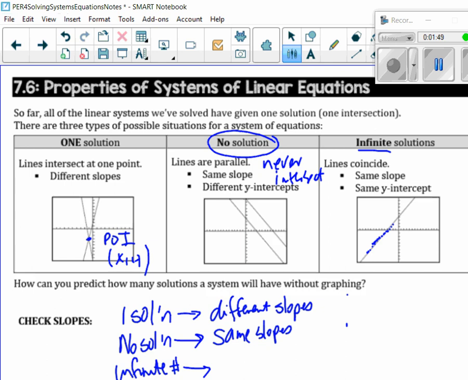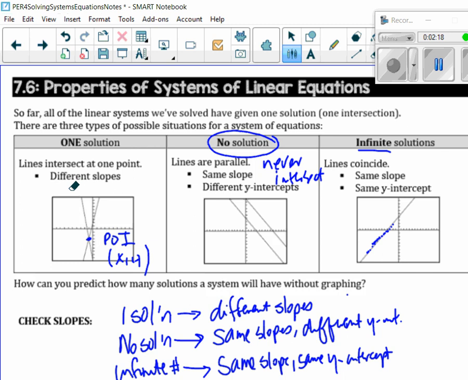They would actually have the same slope, but then what's the... Yeah, so they're going to have the same slope and same y-intercept. So if you were to solve for y, you get the same exact equation. With no solution, it's the same slope, but this would have different y's, though.